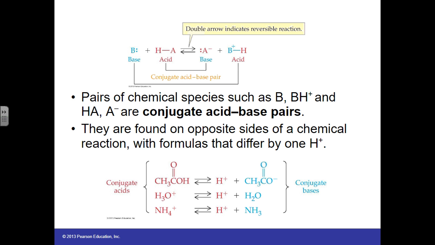Adding to that, if something behaves as a strong acid or strong base, it tends to behave as a weaker version of itself on the opposite end. Imagine a strong base on the left, highlighted in blue. On the right, its conjugate acid would in fact be weak.